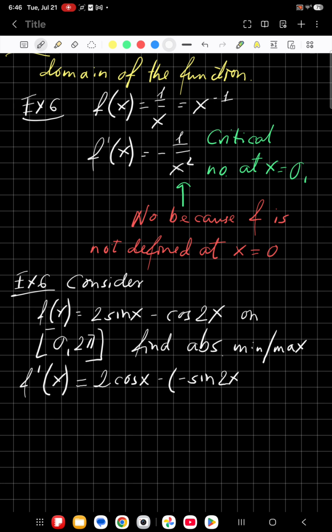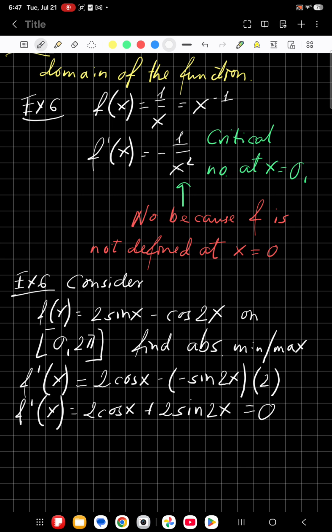We have an inside function, the 2x, so we didn't change it, but now we need to multiply it by the derivative of the inside. Let's simplify it a little bit: plus 2 sine of 2x.